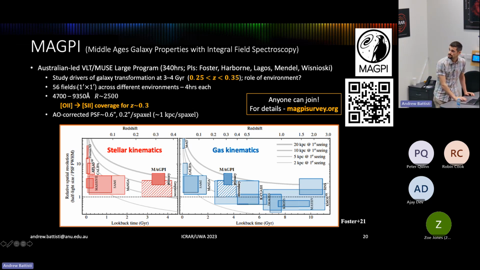The MUSE coverage is actually slightly redder than other IFU data sets, but because the sample is at redshift 0.3, the data gets shifted such that you still cover the [O II] to [S II] wavelengths, which is the same wavelength range that was covered by TYPHOON, for example.